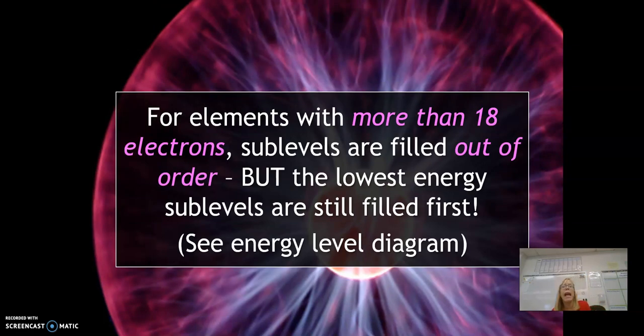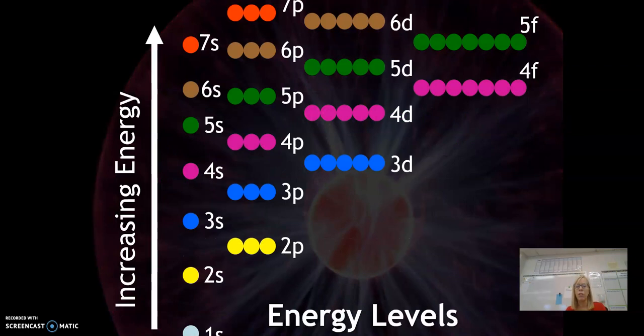For elements that have more than 18 electrons, the sublevels are filled kind of out of order. So the next slide's going to be super important. But the lowest energy sublevels are still filled first.